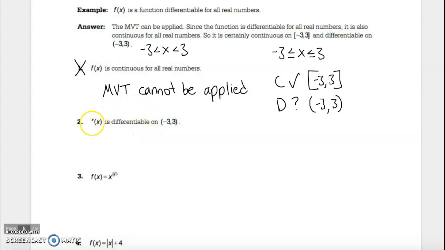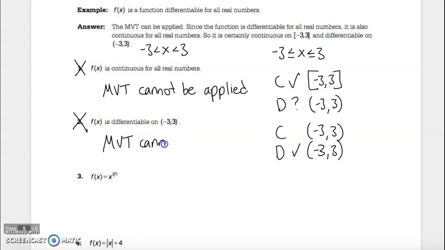Okay. F of x is differentiable on -3 to 3. So that satisfies the derivative part, right? Checked, the function is differentiable from -3 to 3, and that actually implies continuity from -3 to 3. The problem lies with the fact that I have no idea what actually happens at 3.